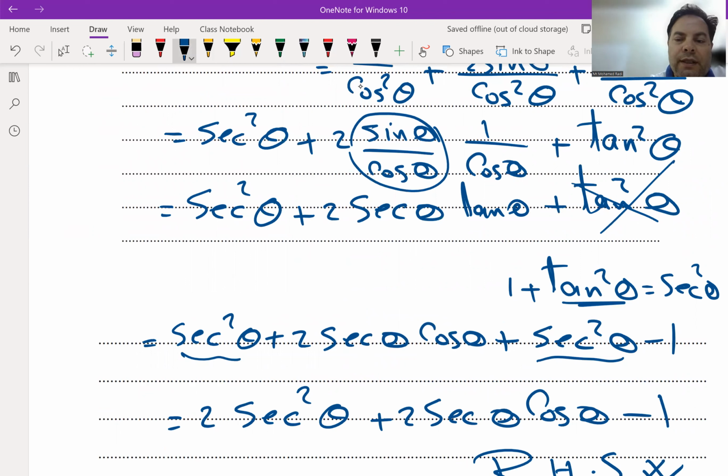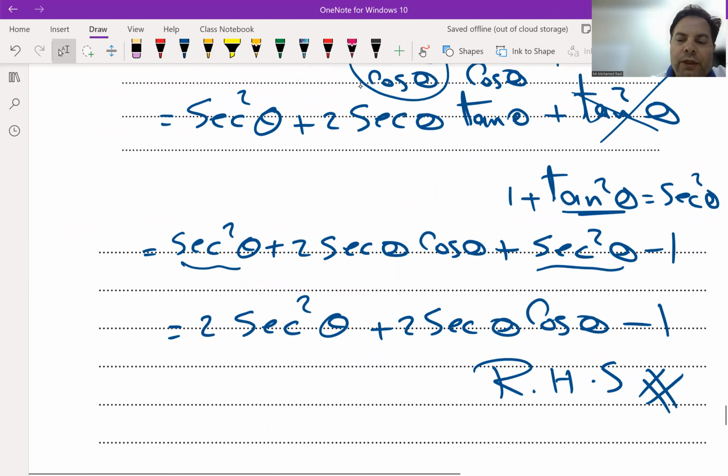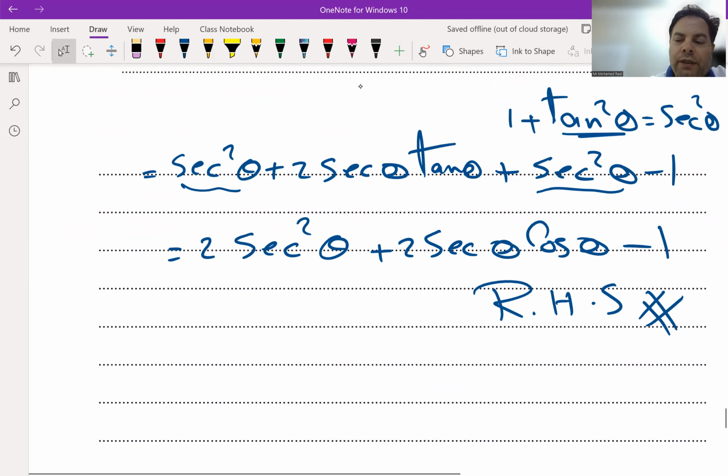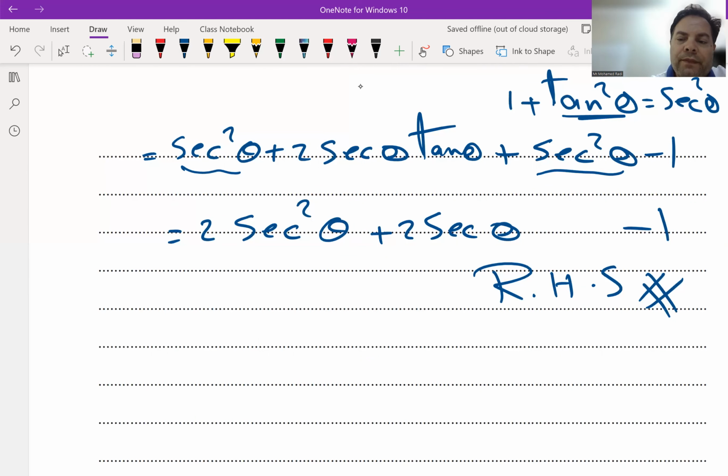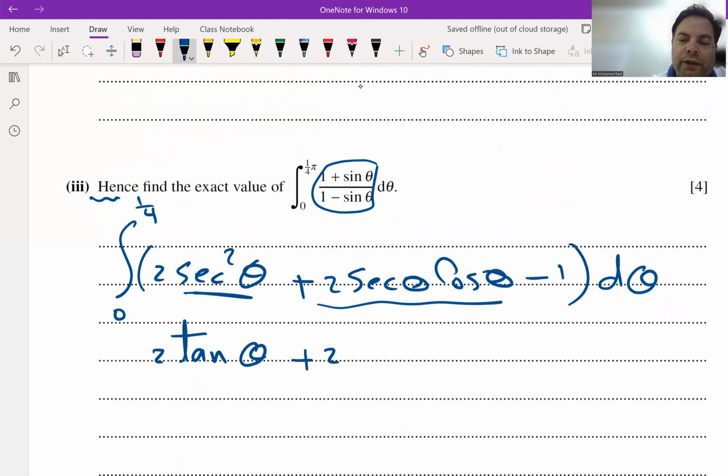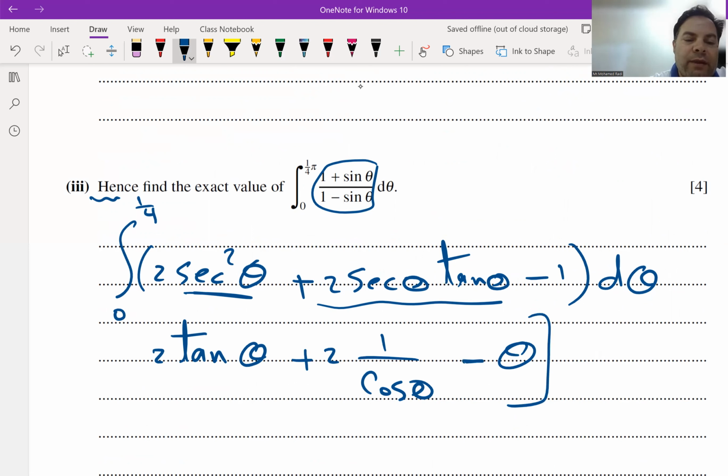It's tan theta. This part, it's tan theta. Now, when I look at this part, it's sec theta tan theta, which we can integrate as sec, or write it as 2 over cosine theta, because the derivative of 1 over cosine is sec tan. Minus the integral of 1, which will be theta, with limits from 0 to pi over 4.